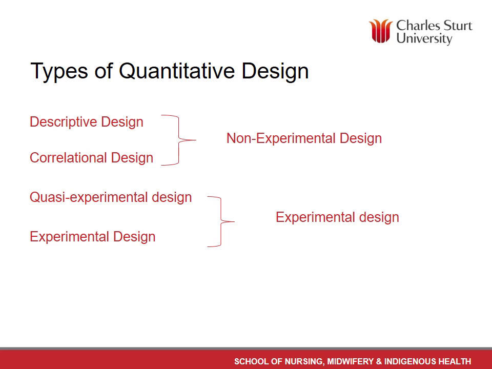In the case of correlational design, you're really looking to examine a relationship between 2 variables. You might want to look at the relationship between stress during exam time and blood pressure or pulse rates, okay?